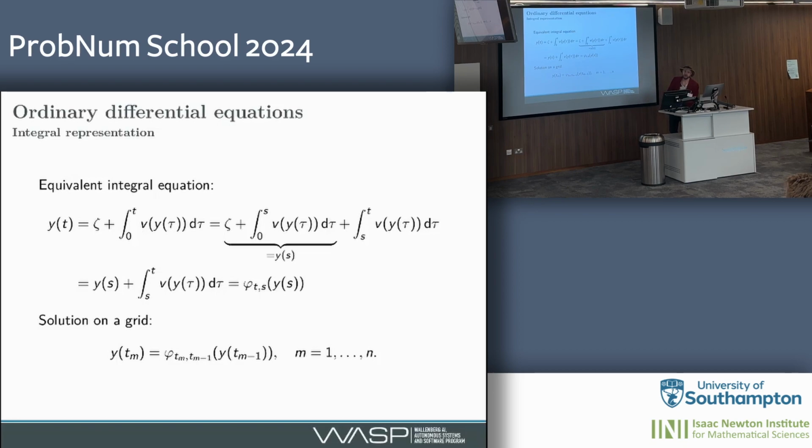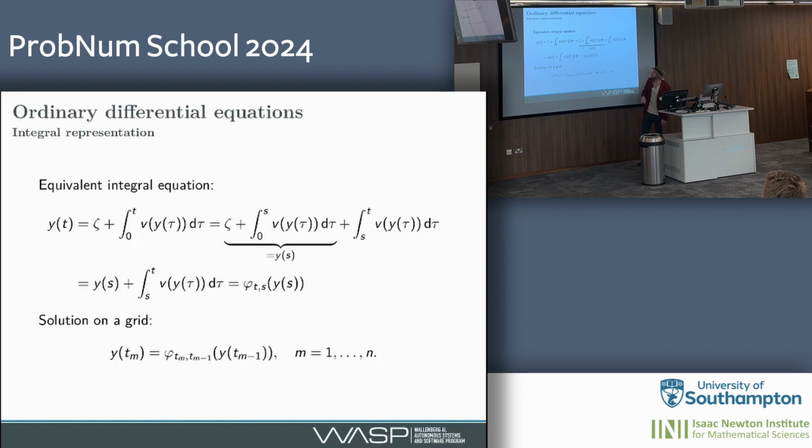However, what's important with ODEs is that we can split this integral up. I can first integrate from 0 to s, and then from s to t, where s is some intermediate value between 0 and t. Then this bit is just the solution y at s, and then we have an extra bit.